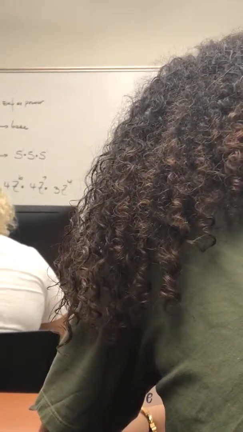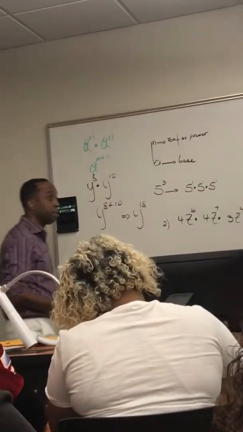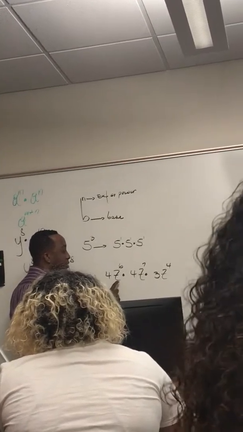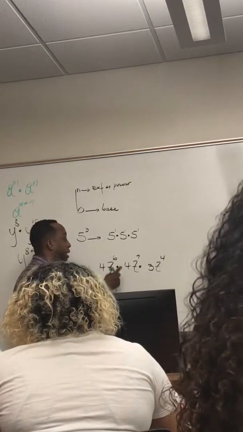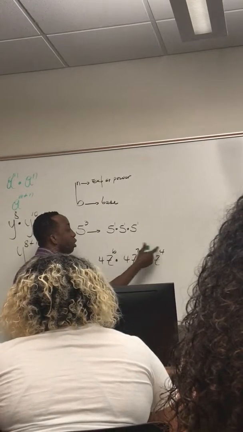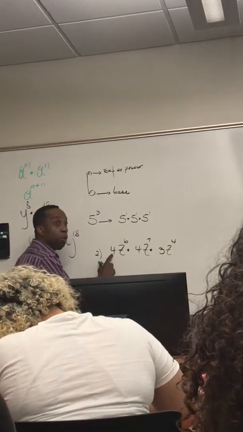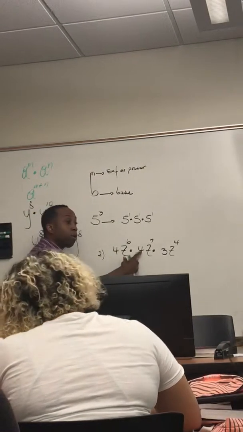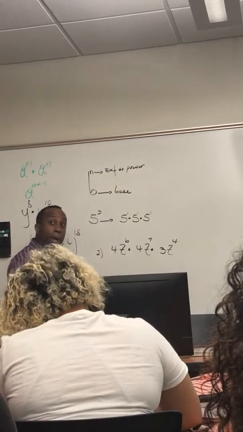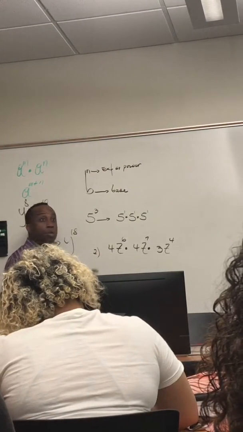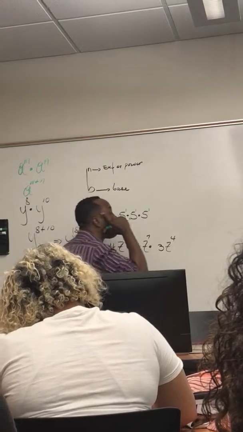As you see in front of you, I need to know what's the base and what's the coefficient. The base is z because they all have exponents. I'm trying to help you a bit here by knowing my coefficient is 4. They're not bases, they're just numbers.